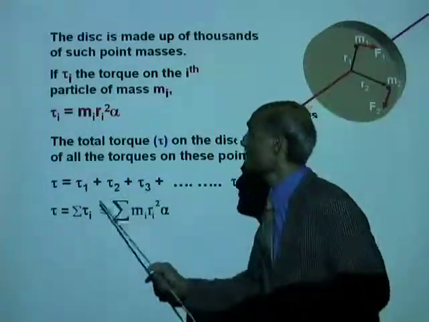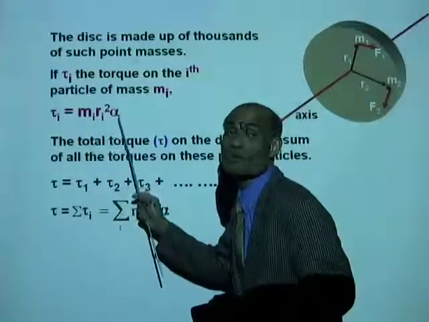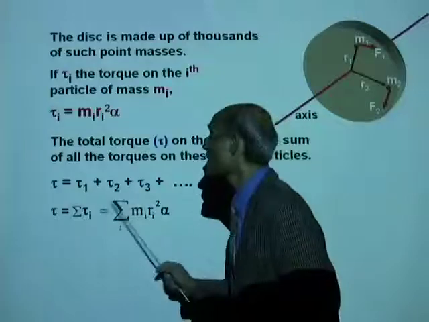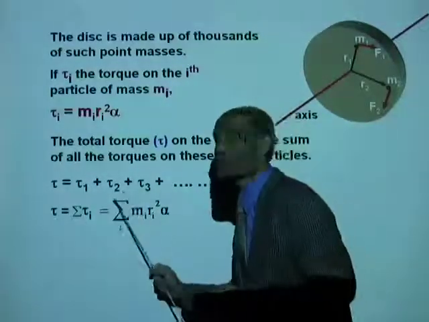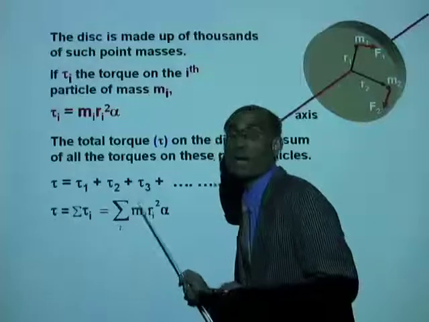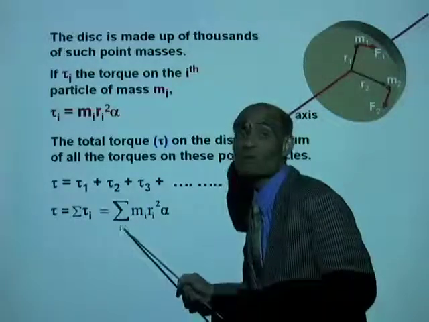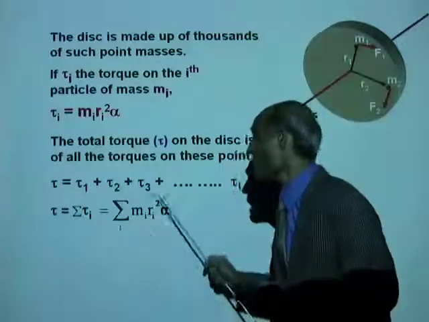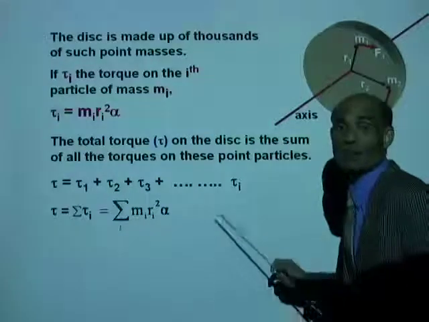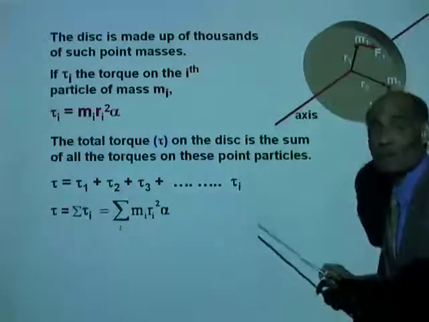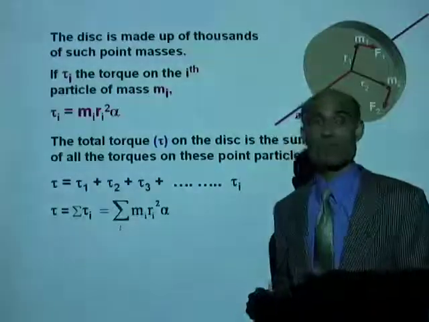Alright? And this tau i is mi ri squared alpha. So we say tau, the total torque on the disk, is summation i mi ri squared alpha. What does this mean? It means m1 r1 squared alpha plus m2 r2 squared alpha plus m3 r3 squared alpha all the way to the last particle.